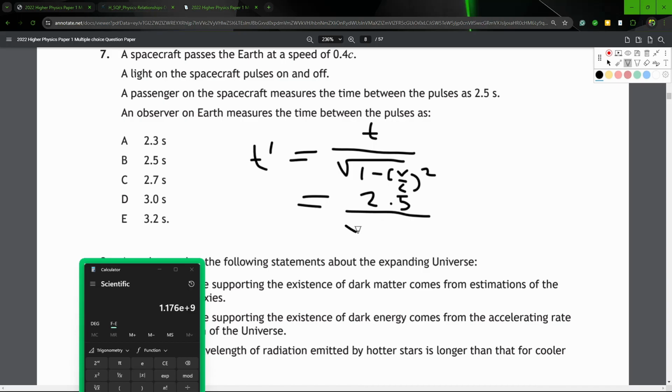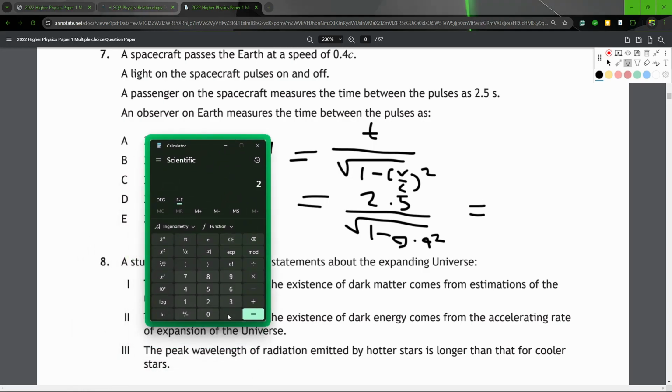2.5 over, now I'm going to replace this v over c term with 0.4 because that's just what it is. You're seeing what fraction of the speed of light it is essentially with that. So it'll be 1 minus 0.4 squared, and well, what do we get with that? 2.5 divided by, put some brackets in, 1 minus 0.4, but that is squared.